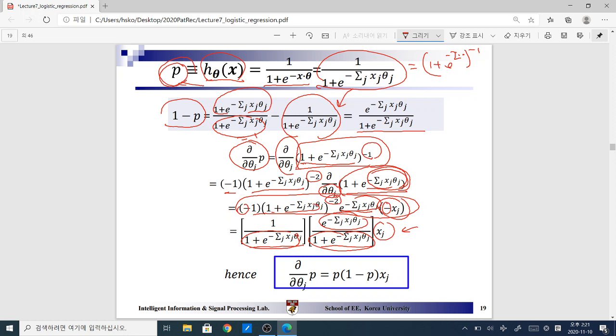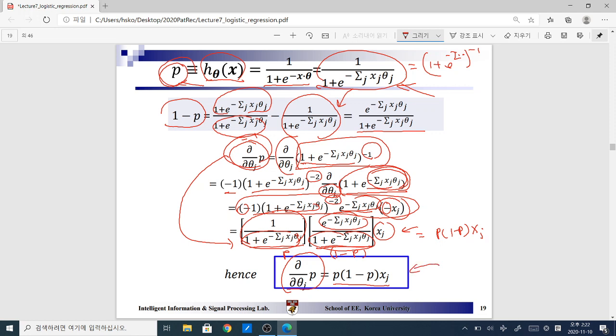Or what this also means is that, as you can see, this term is essentially p, as we have done here, and this term here is going to be 1 minus p, right? So this is essentially p times 1 minus p times x sub j. And this is what this is, right? So this means that dp d theta j is p times 1 minus p times x sub j.